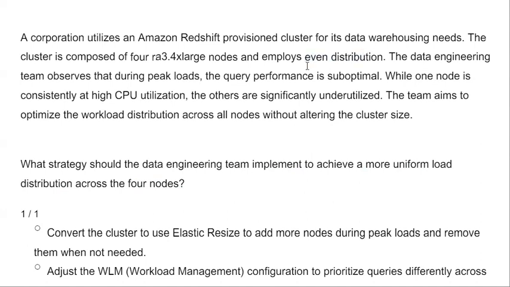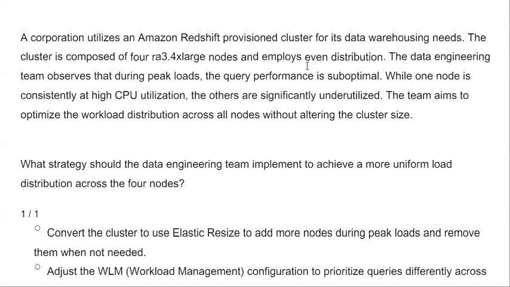In even distribution, what happens is your data is distributed, that is, a whole row will be distributed to one node, and like that, all your rows will be distributed evenly among all your nodes. So when a person queries for a particular row many times, let's say many persons are querying a particular node, then what happens?